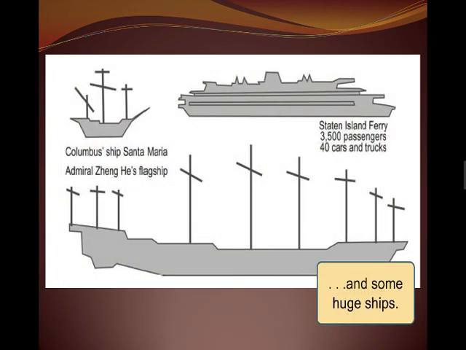And some huge ships. These 2 ships existed at roughly the same time. This is Columbus's ship, Santa Maria, going across the ocean. And this is Admiral Zheng He's flagship as he's traveling around the Indian Ocean at the same time. And for the people in New York who don't think anything exists west of the Hudson, this is the Staten Island Ferry at the same scale.